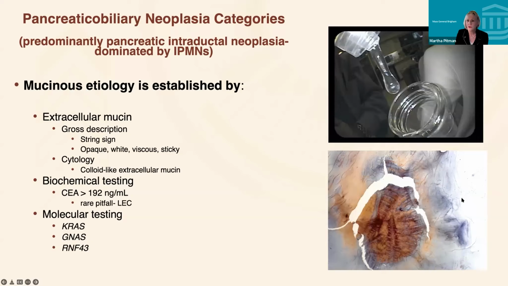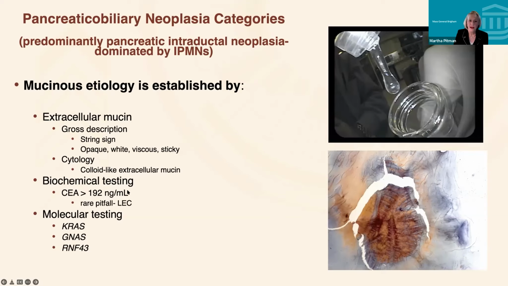But you can also look under the microscope and see this colloid-like extracellular mucin, with the cracking. This is neoplastic mucin, defines a mucinous cyst in the pancreas. It's not GI contamination. And notice the ferning. You can see this mucin actually crystallizes and ferns.